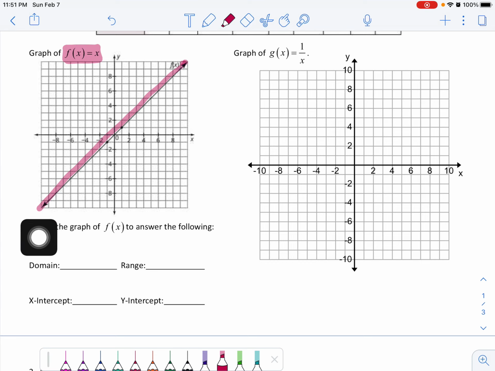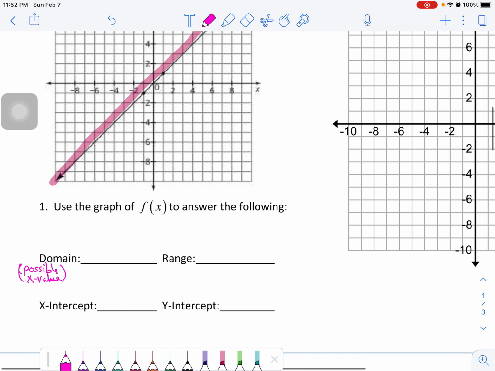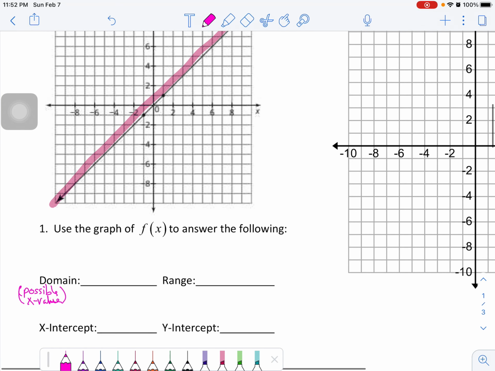Okay. Now it says to use the graph of f of x to answer the following. So I want to know the domain, the range, the x-intercepts, and the y-intercepts. All right. So domain, and I'm going to put this kind of off to the side. Let me zoom in on this. There we go. So domain are your possible x values. So what values for x could we use for this function?